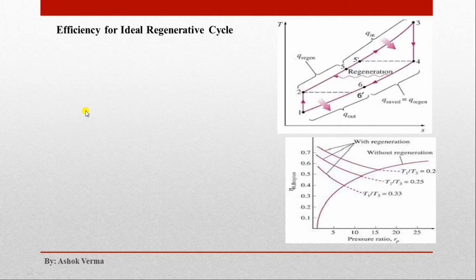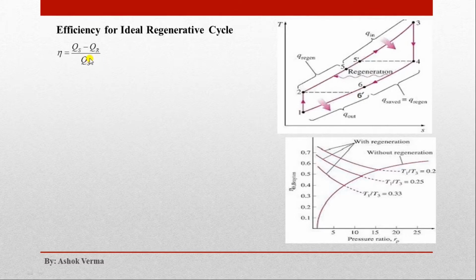Efficiency of the ideal regenerative cycle. If you are using the ideal regenerator, then what will be your Brayton cycle efficiency? So we will calculate here the efficiency of the Brayton cycle with ideal regenerator.